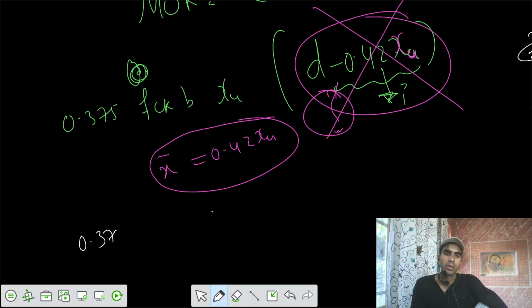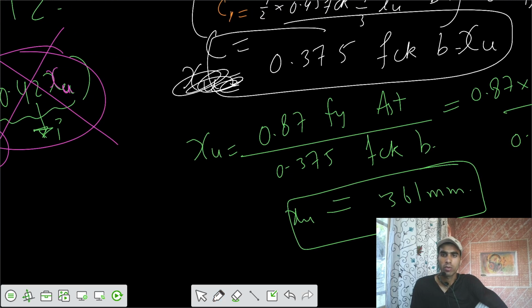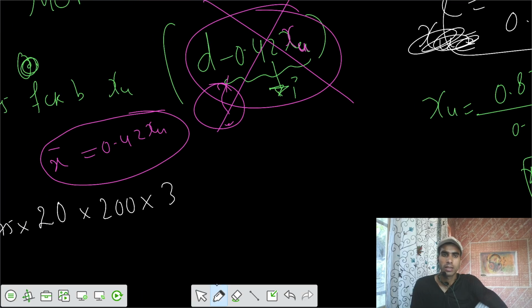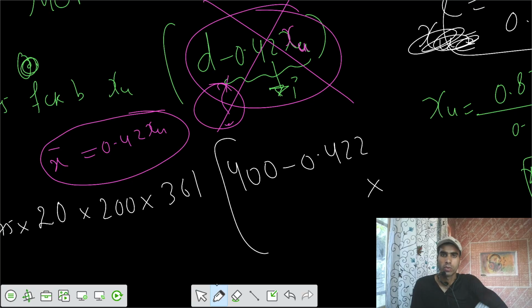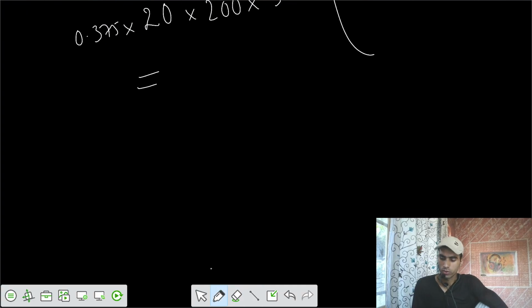So 0.36 fck, where fck was 20 megapascals, b was given as 200 millimeters, and xu you calculated as 361. The effective depth d is 400 minus 0.422 xu, with xu equal to 361. Finally you get a moment of resistance equal to 134.1 kilonewton meters.